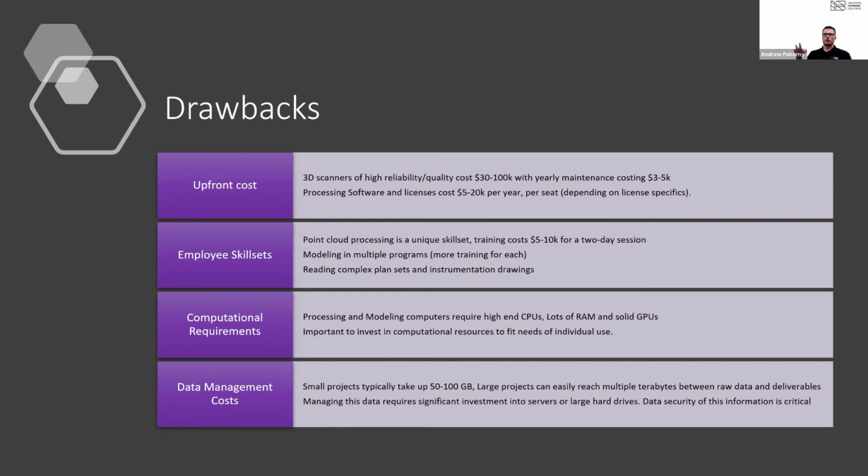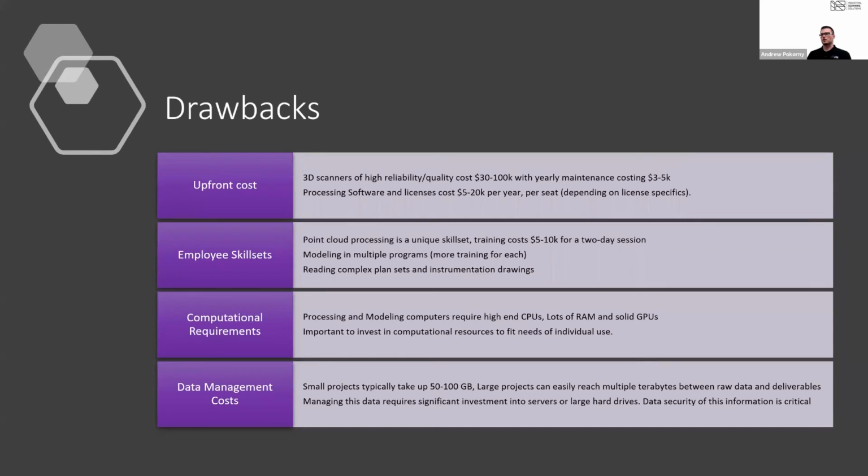There's a whole list of forums that get into what's needed for what program, and those resources are out there if you look for them, or you can reach out to us and we can chat with you about that.